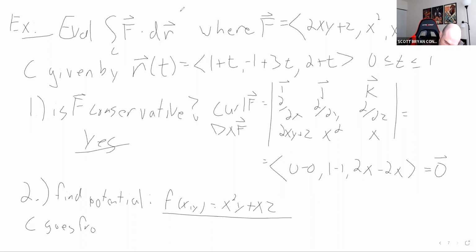Now we need to find the endpoints of C to evaluate at. We're not told what the endpoints are, but we're given a parameterization. We start at time 0, because t goes from 0 to 1. When we plug in time 0, we're at the point (1, -1, 2).